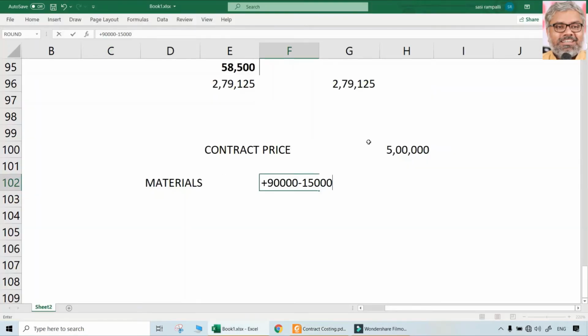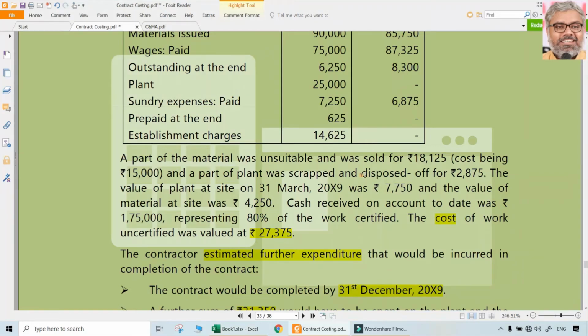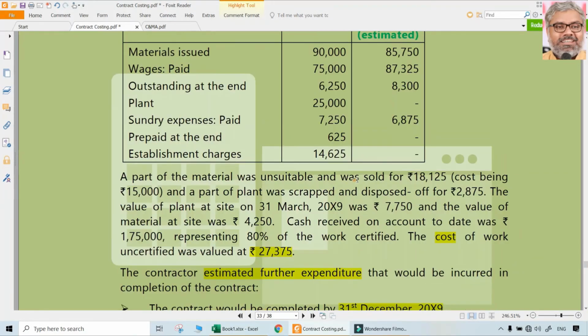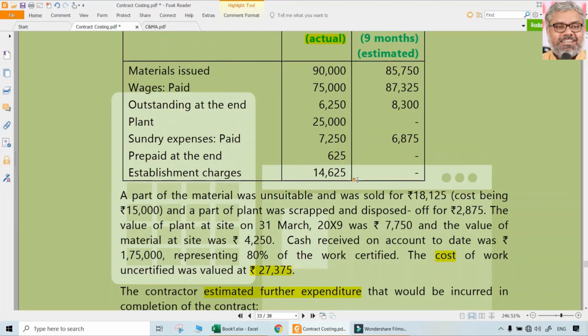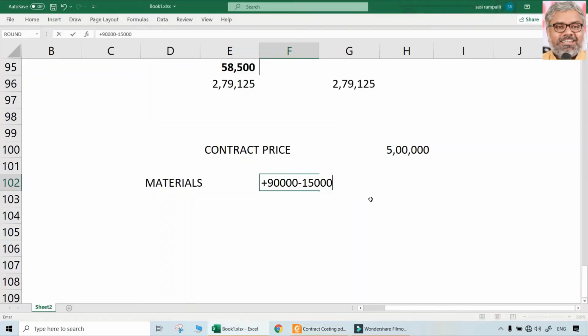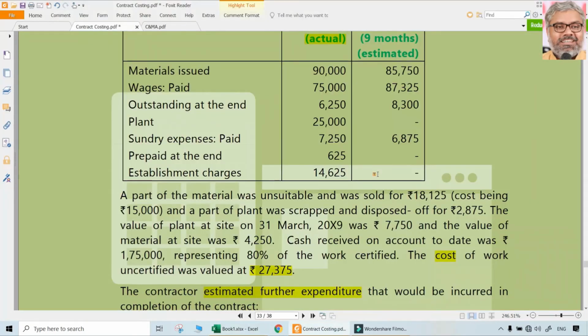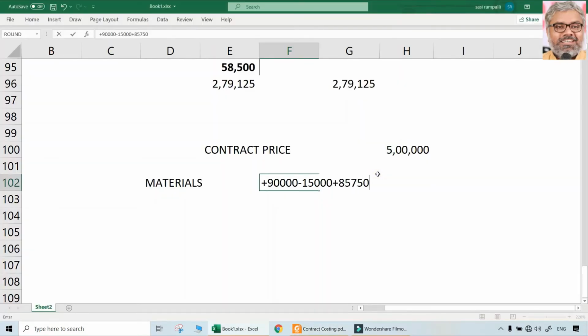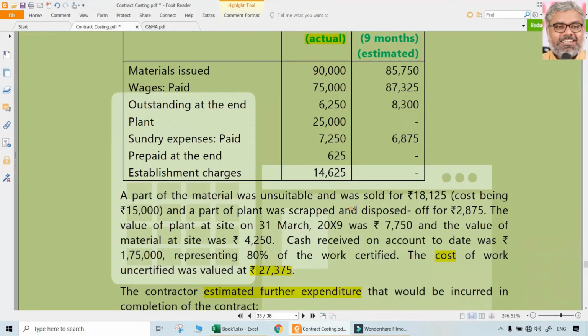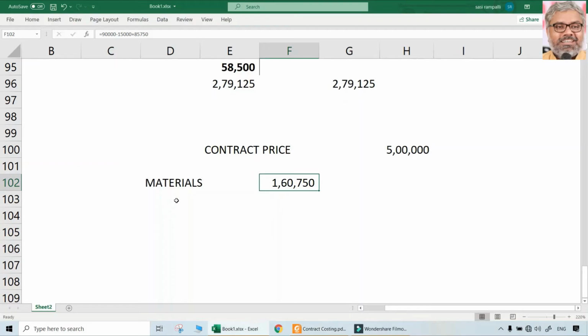That can be just reduced and added. There's no point in that, because in the first year it was there at the end of the year. That will be there as the opening balance for the next year. So minus and plus does not make sense. But we can add the materials freshly issued in the next 9 months period as given in the question, 85,750. So the total cost of materials would be this: 90,000 minus 15,000, which was the cost of the material sold, plus 85,750.